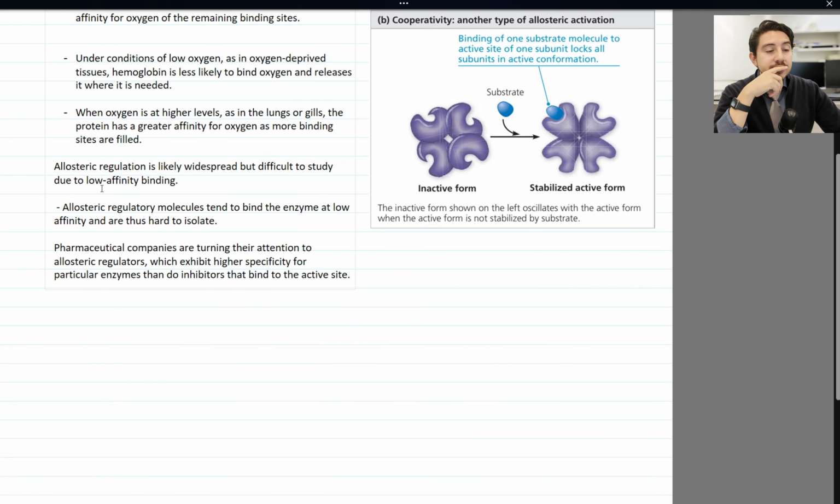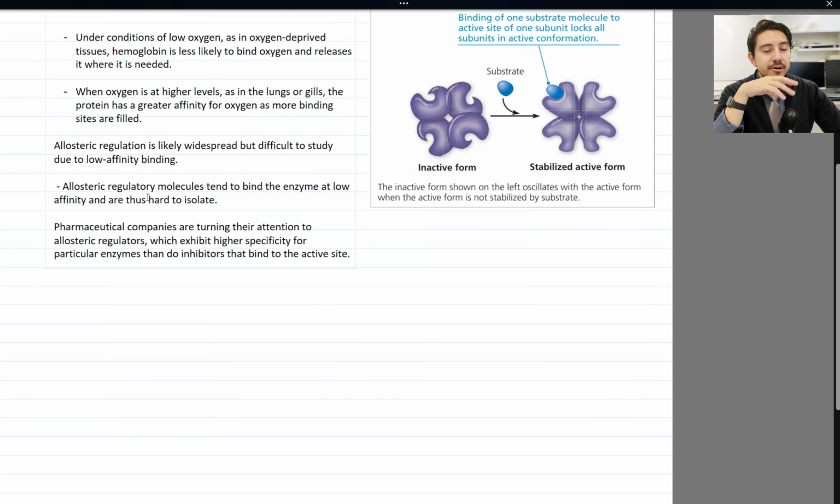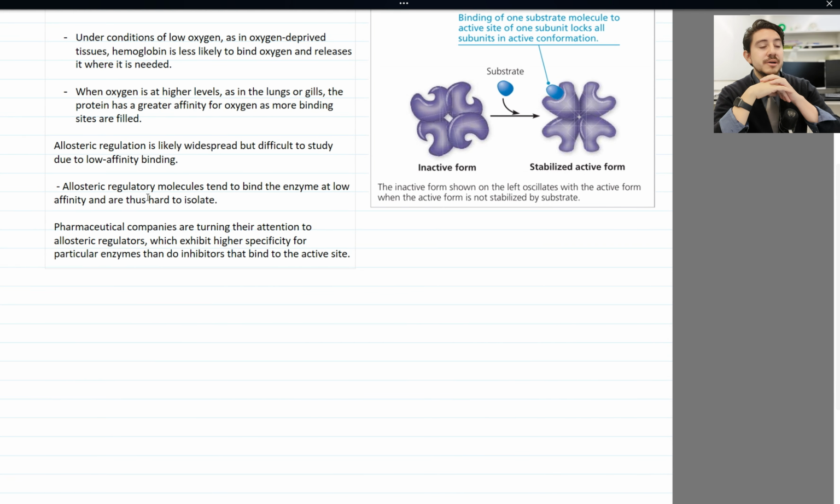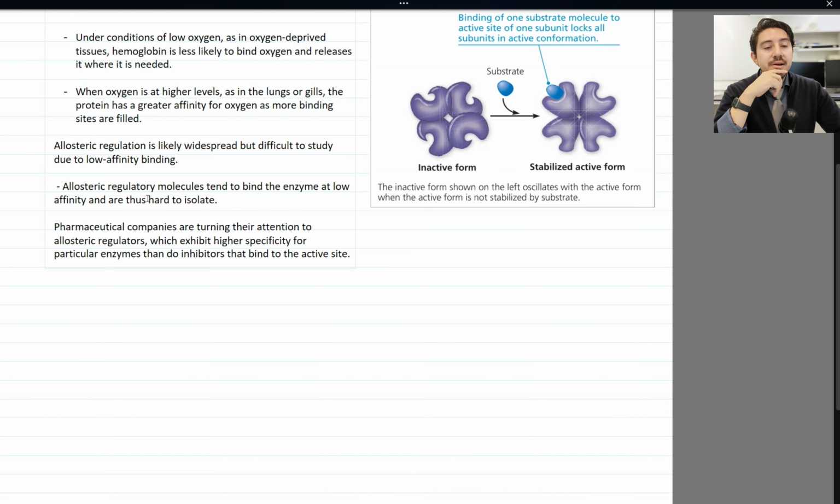So allosteric regulation is likely widespread but difficult to study due to low affinity binding. Now this goes a little bit beyond the scope of Campbell biology, but there are rates and certain conditions for low and high affinity binding for allosteric regulation. Allosteric regulatory molecules tend to bind the enzyme at low affinity and are thus hard to isolate for research or experimental studies.